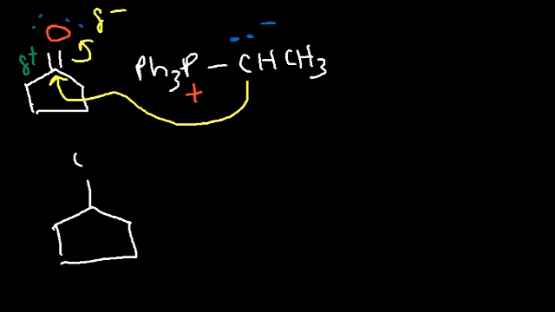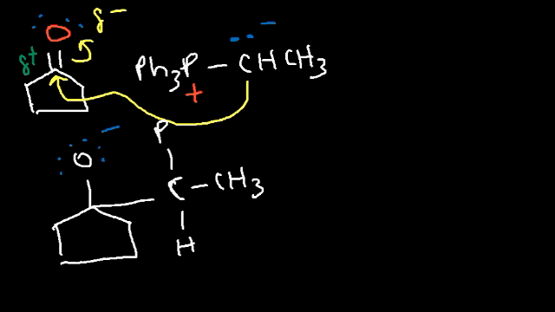And so now we're going to have an oxygen with a negative charge, and this is going to be attached to a carbon. Now this carbon has a hydrogen and a CH3, and it's also attached to a phosphorus atom, which has 3 benzene rings attached to it. Now the phosphorus has a positive charge, so this intermediate is called the betaine. And now you can see that the oxygen is going to attack the phosphorus because opposites attract.